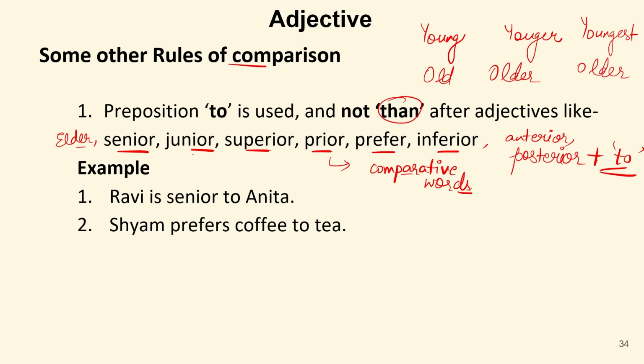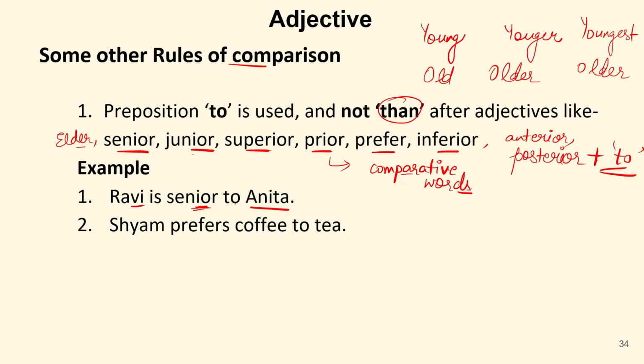Because in case of comparative degrees, we can convert the word into comparative and superlative respectively by adding er or est, by adding more or most to that word. But here we do not have any positive degree of these words. That is why these words are always followed by preposition to and not than. For example, Ravi is senior to Anita.